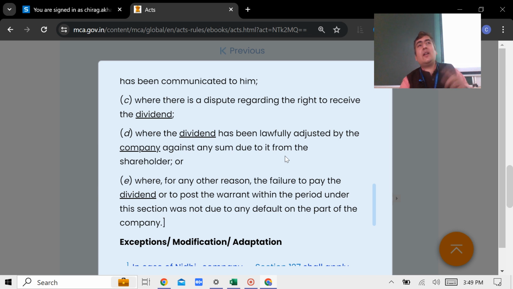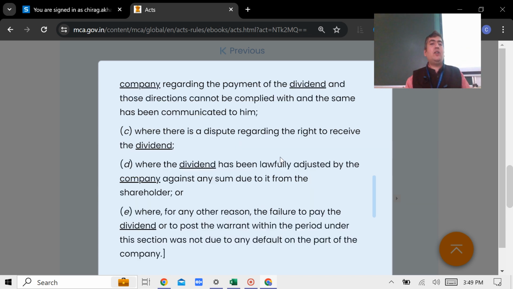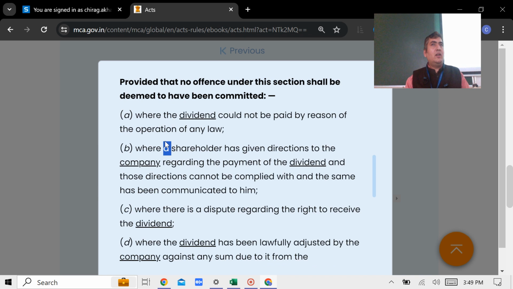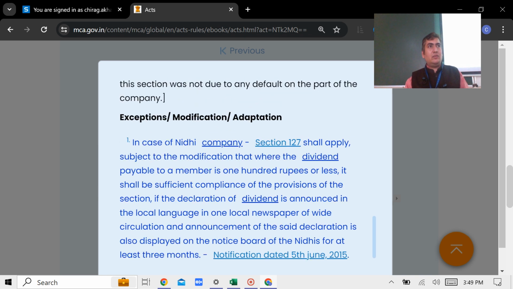In the first question, a specific demand was there. So in the first question, guys, the point goes under point number B. But if it is a common method, no specific demand, but because of your mistake I couldn't pay, then the company is not at fault. Am I clear? It is at fault because it didn't communicate.